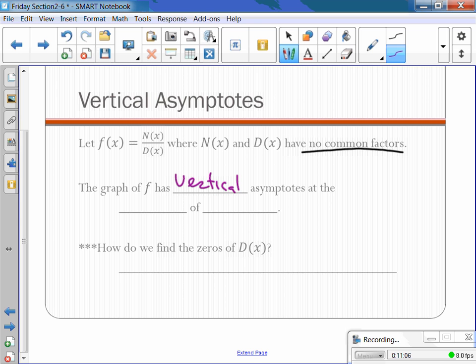How did we come up with those vertical asymptotes in the last example, other than just looking at them? Here my denominator is equal to 0, right? I set that polynomial in the denominator equal to 0.